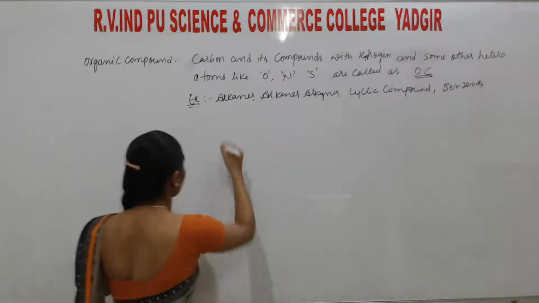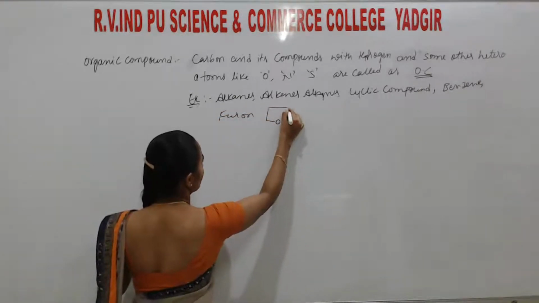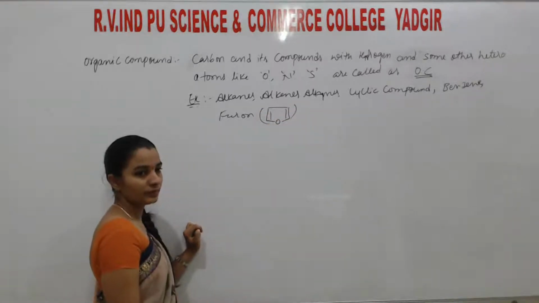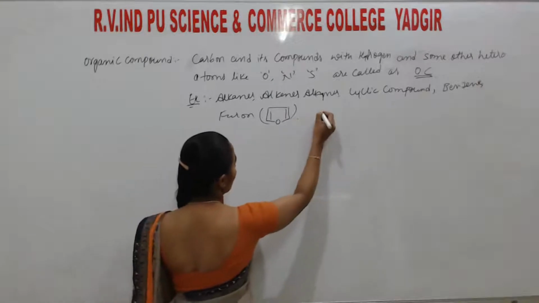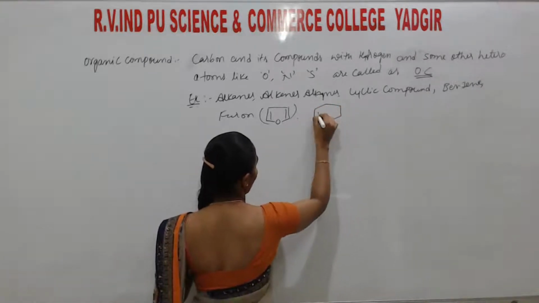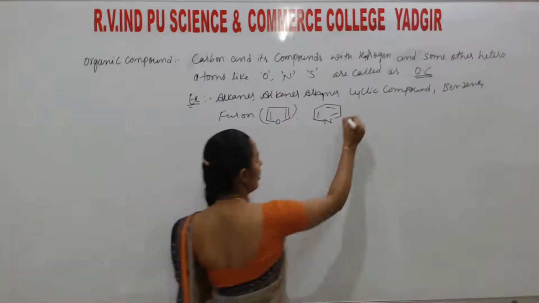Benzene formula you know. Next, furan looks like this, and also this one is pyran. These are examples of organic compounds.